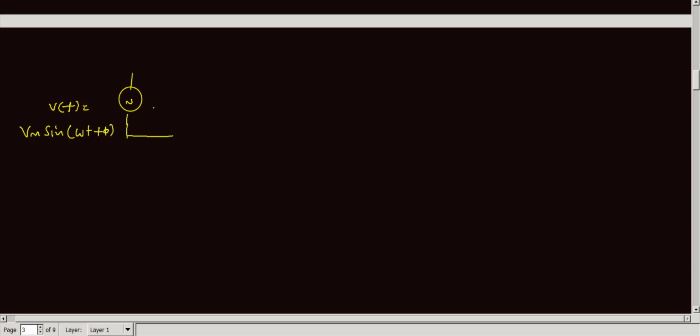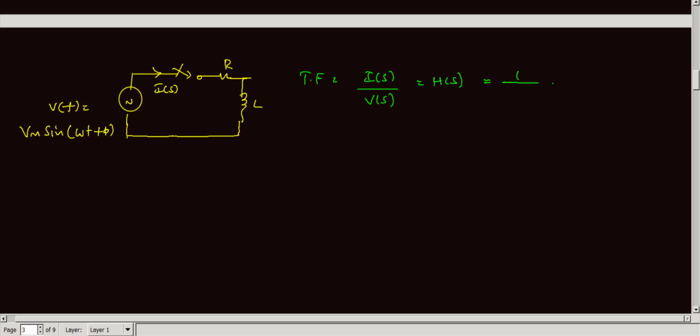This is an RL circuit, and this is the current. So what is the transfer function here? Transfer function equal to I of s by V of s, that is H of s, equal to 1 by R plus sL.